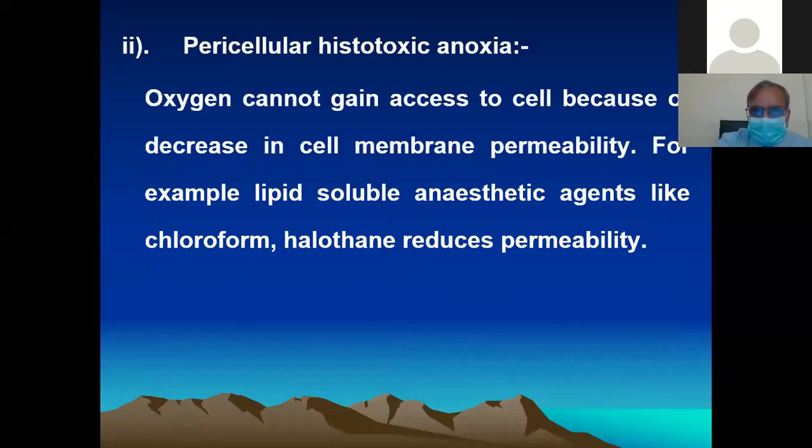Pericellular histotoxic anoxia: oxygen cannot enter into the cells, although it is available in the blood and has reached the level of the cells. This can happen because of decreased permeability of the cell membrane, due to certain agents like anesthetic agents, chloroform, halothane. I have asked this point in the MCQs as well.